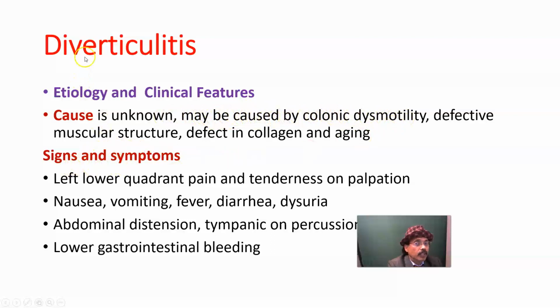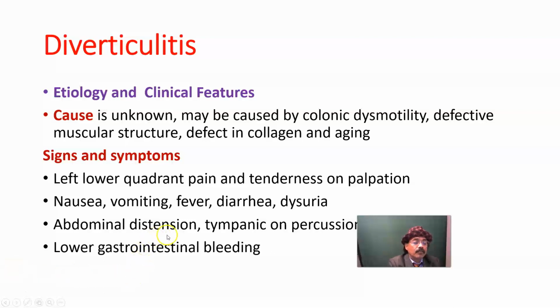Signs and symptoms of diverticulitis: lower left quadrant pain. If we divide the abdomen into 4 quadrants, then the left lower part of the abdomen is the site of pain and tenderness on palpation. Nausea, vomiting, fever, diarrhea, and dysuria.